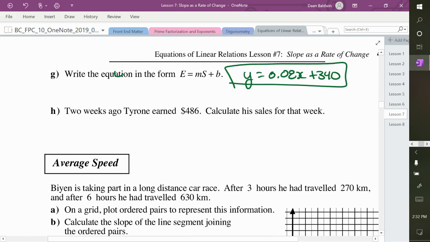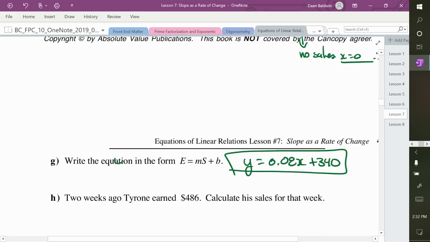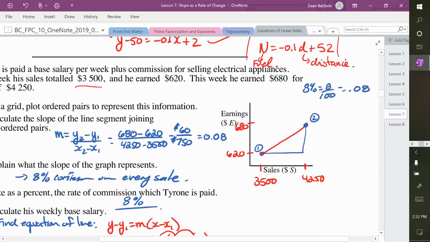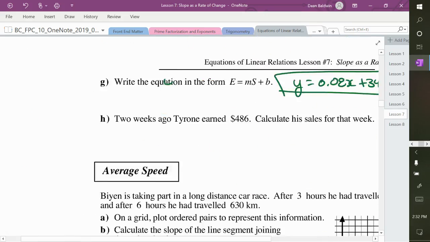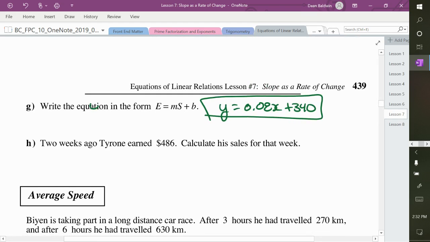If he earns $486, how much did he sell for the week? How much were his sales? So if I say he earned 486, is that his Y value or his X value? It's the Y value, right? Because on the graph, those are his earnings. So he earns 486. That's Y.